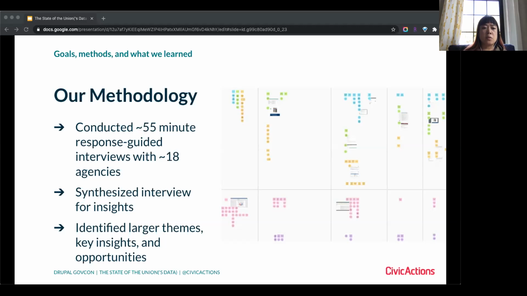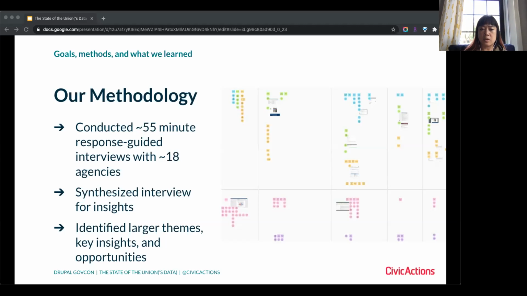We started with a core set of questions to understand who we were talking to, their responsibilities on the team, and to understand what their data programs and management processes look like at a detailed level. The result was a wide and rich range of responses that we synthesized for insights.